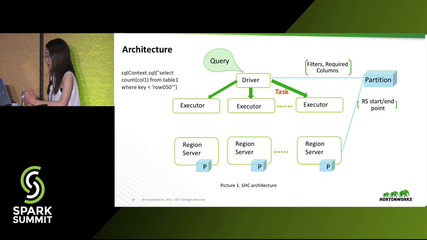Note that the driver is not involved in the real job execution except for scheduling the tasks. This avoids the driver being the bottleneck. The tasks are sent to the preferred executor, and the executor will perform the tasks on the local region server. It means the tasks are performed in parallel in the executors to achieve better data locality and concurrency.